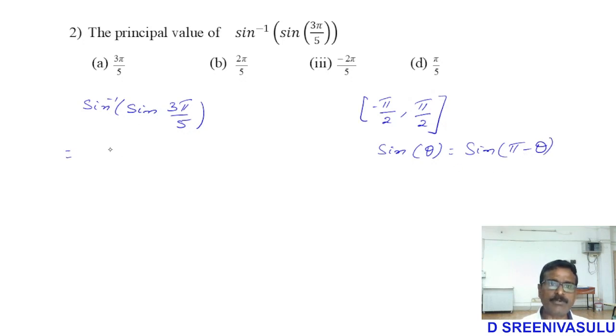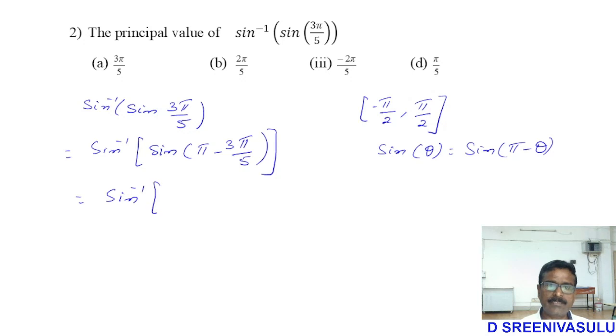So it is possible to write sin inverse sin of pi minus 3 pi by 5, which is sin inverse sin 2 pi by 5.